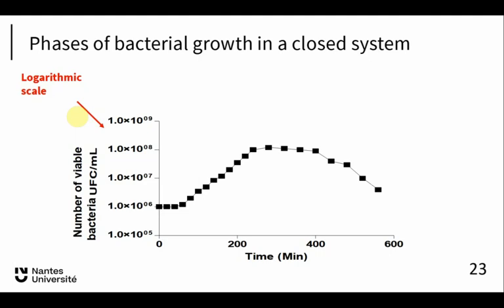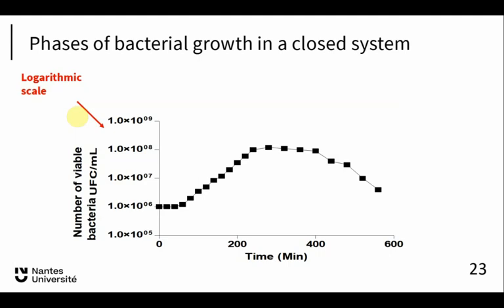So for example, you have maybe 200 ml of LB medium, and you add in 5 ml or 2 ml of a starter culture of bacteria, and you shake it at 37 degrees, and you take samples at different time points, and you measure how many bacteria per ml you have using the agar plate technique. So you're only looking for live bacteria.